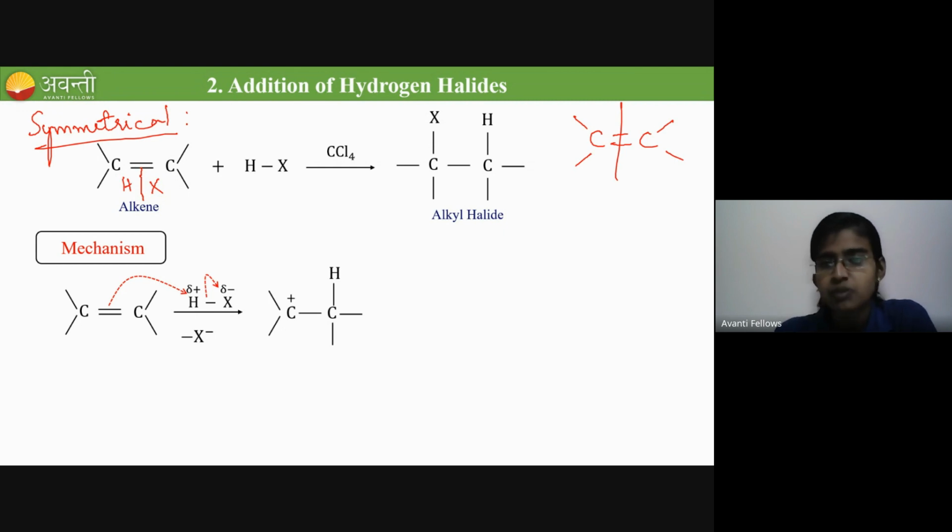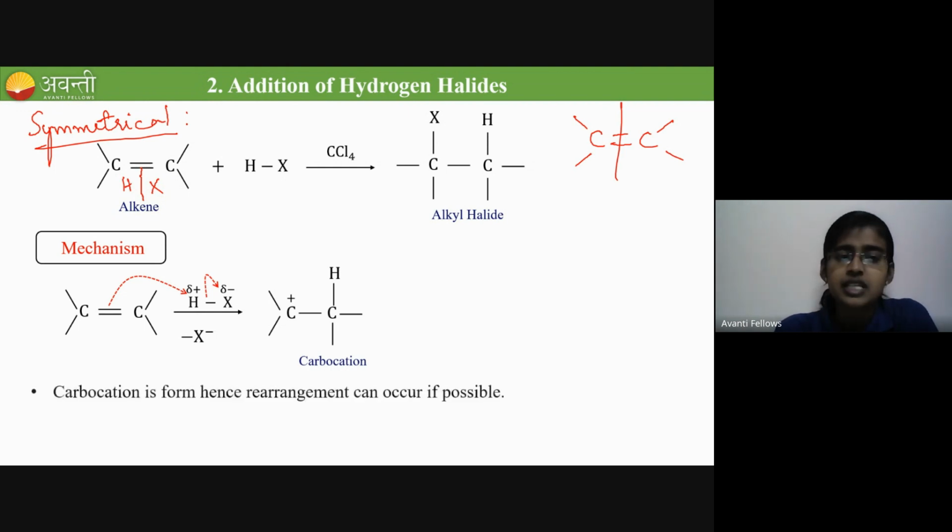What is the name of this intermediate? Carbon is having the positive charge in it, so it is called a carbocation intermediate. Now this carbocation intermediate, if it wants to get rearranged, can undergo rearrangement also. Where does the rearrangement occur?